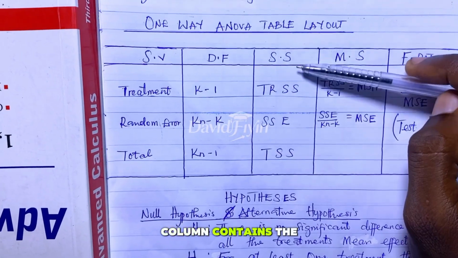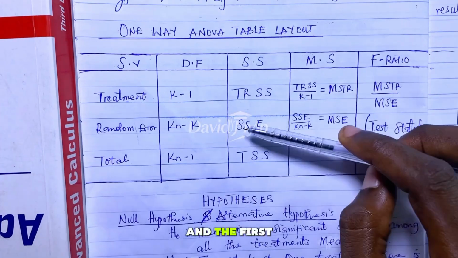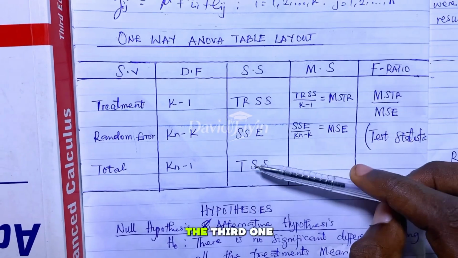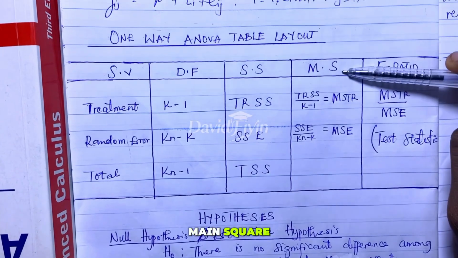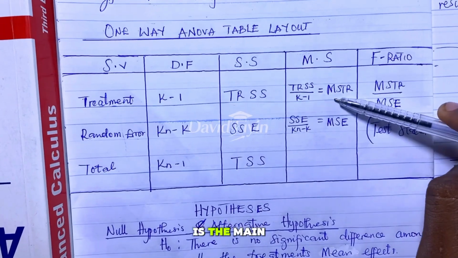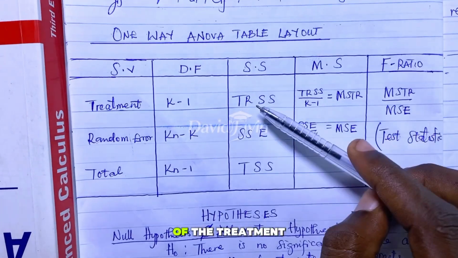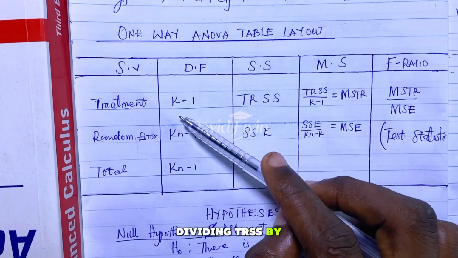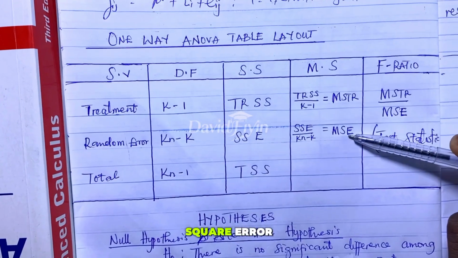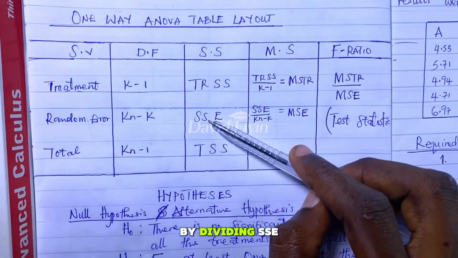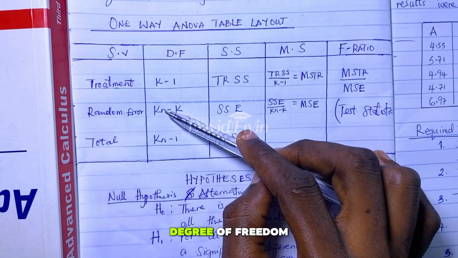The third column contains the sum of squares. The first one is the treatment sum of squares, the second one is the sum of squares error, and the third one is the total sum of squares. The next column is the mean square. The first one is the mean square of the treatment effects, derived by dividing TRSS by the first degrees of freedom, k-1. The next one is the mean square error, derived by dividing SSE by kn-k, the second degrees of freedom.